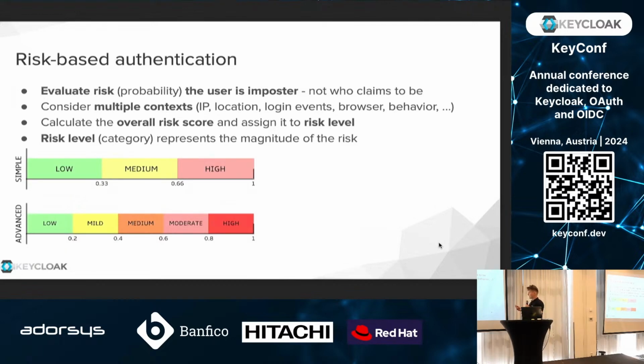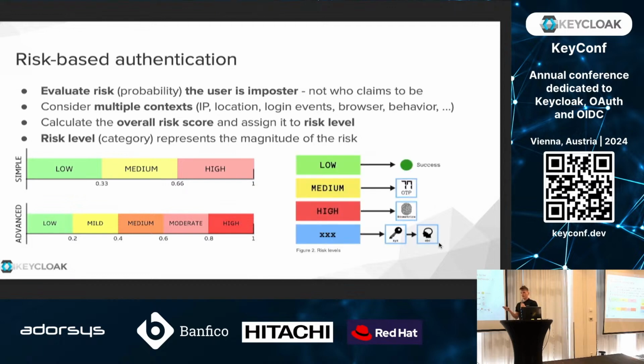In the POC, there were provided two approaches with a different granularity. As you can see, the simple and advanced. When the risk is evaluated, it's just assigned to the risk level, right? And when the risk level is assigned, you can execute some specific action on that.